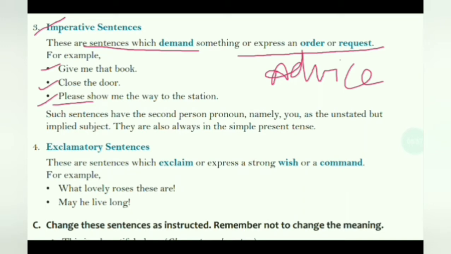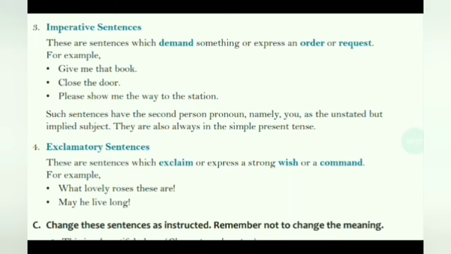Alright? So usually imperative sentences imply the subject you, but it is not mentioned. Like, you give me that book, you close the door, please you show me the way to the station. So usually the subject you is implied.